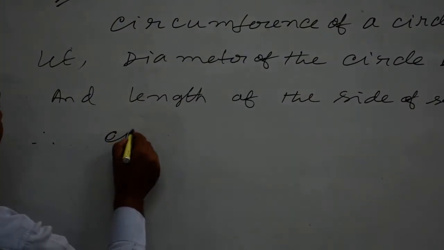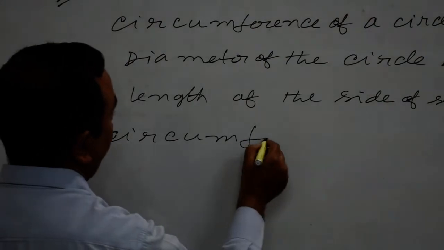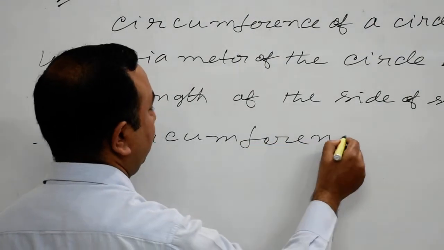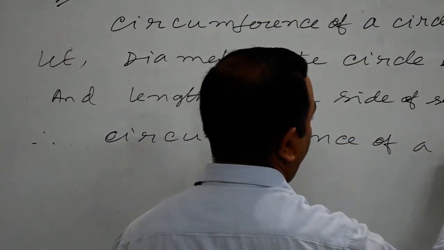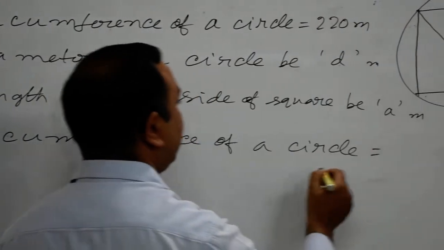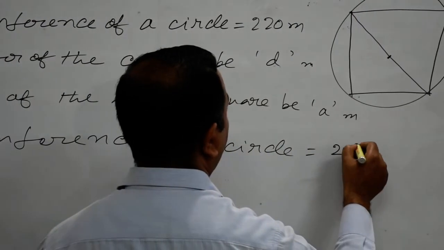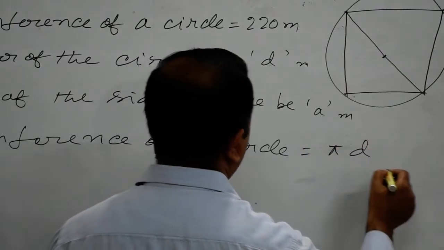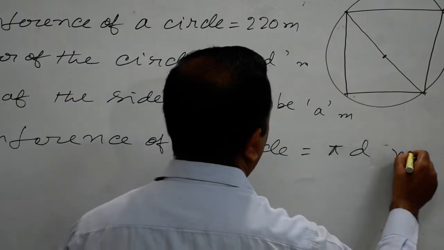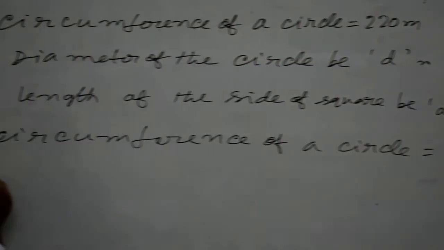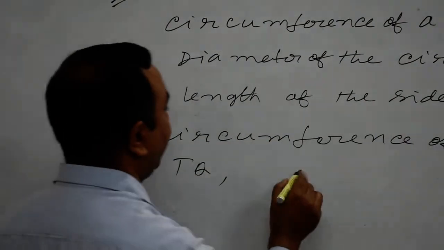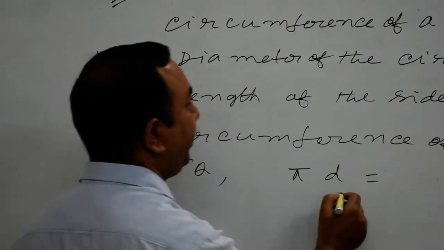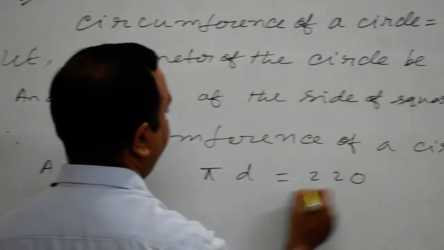Therefore, circumference of a circle equals pi d, since I am using meter. According to the question, the circumference is given, so pi d equal to 220.